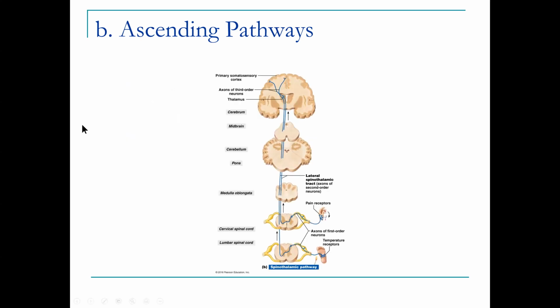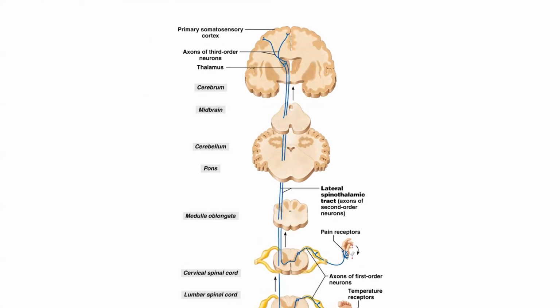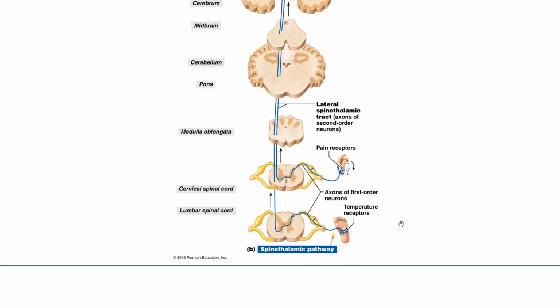If we look here, this is our receptor. And this is our first order neuron coming in. Notice the cell body here. It can come in at more than one place. The cell body is in the dorsal root ganglion.